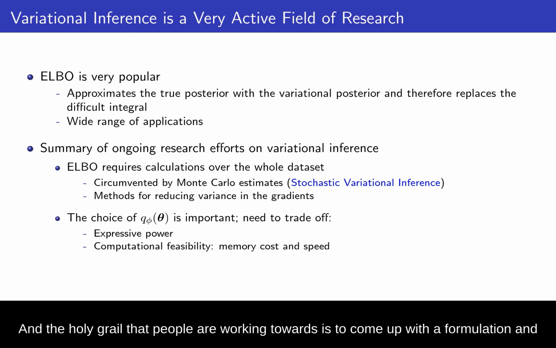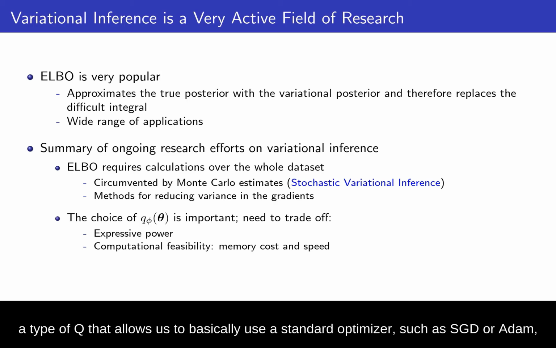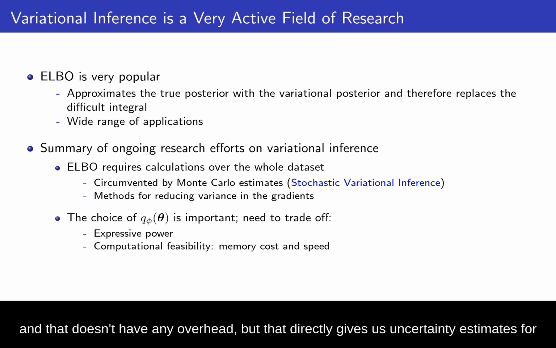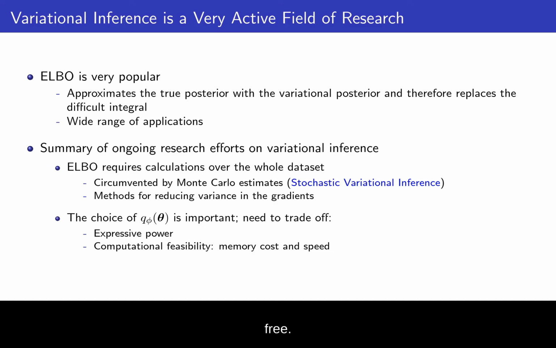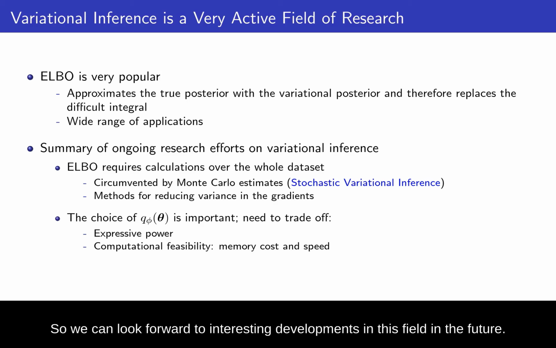And the holy grail that people are working towards is to come up with a formulation and a type of Q that allows us to use a standard optimizer, such as SGD or Adam, and that doesn't have any overhead, but that directly gives us uncertainty estimates for free. So we can look forward to interesting developments in this field in the future.